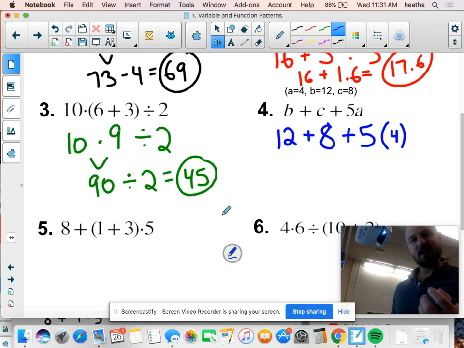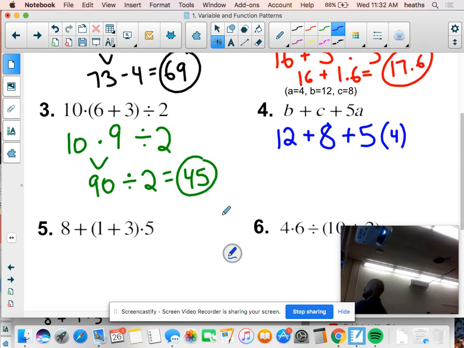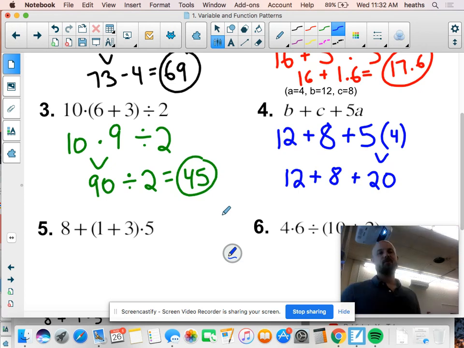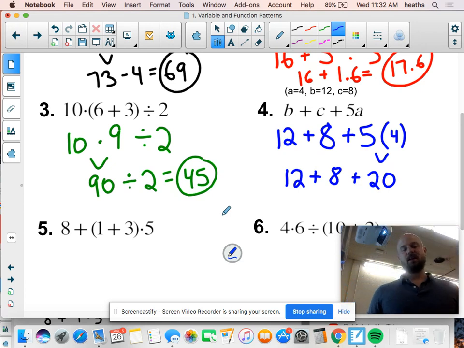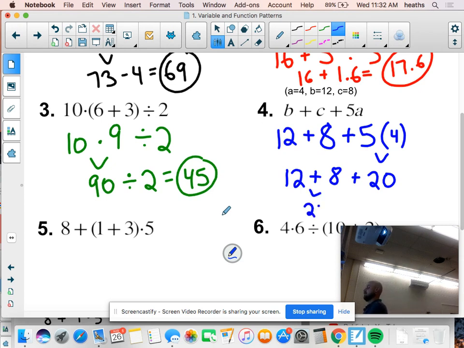So, 5 next to a parenthesis, assume that is multiplication. So we need to make sure that we get rid of that parenthesis. So 5 times 4 is going to give us 20. 12 plus 8 plus 20. Now it's fairly simple. All we're left with is addition. So 12 plus 8 is 20. 20 plus 20 gives us a final answer of 40.